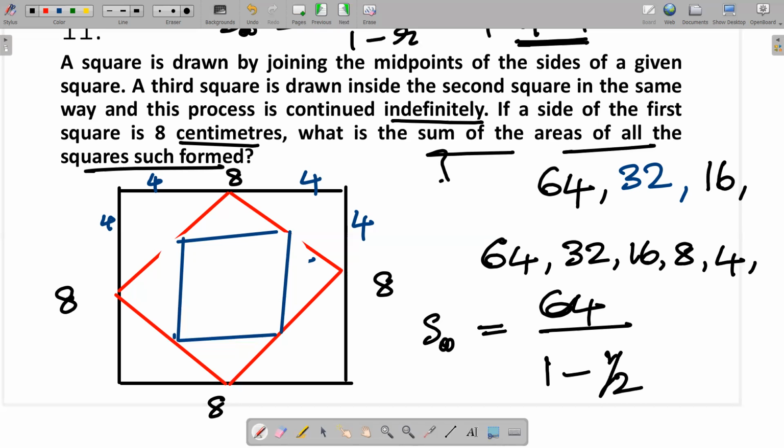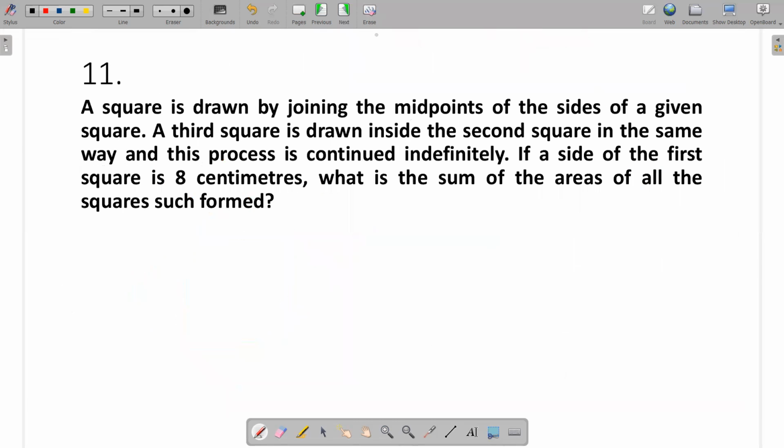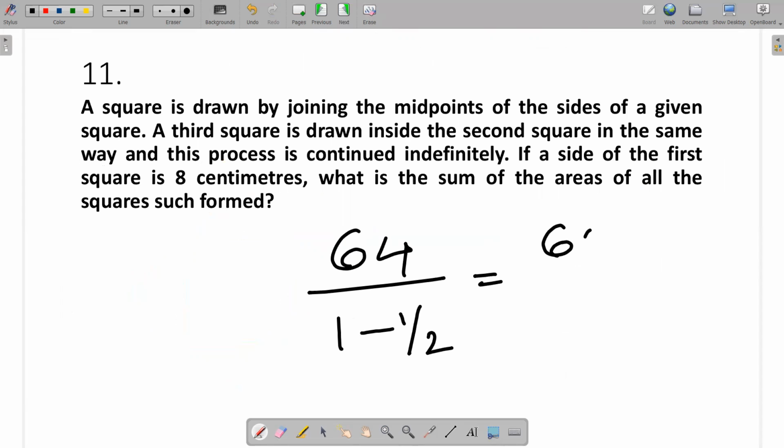When you calculate this total value, it will be 64 by 1 minus 1 by 2, and that is equal to 64 divided by 1 by 2, and that is equal to 128 centimeters square.